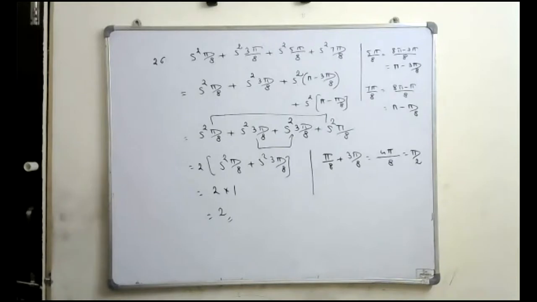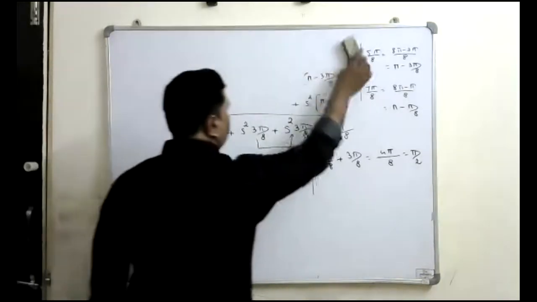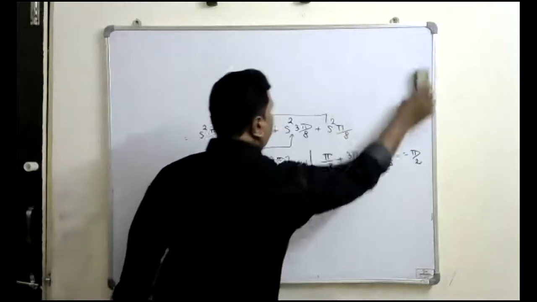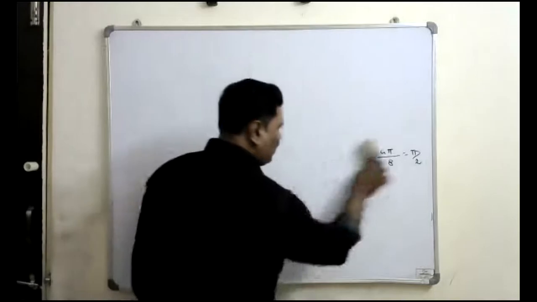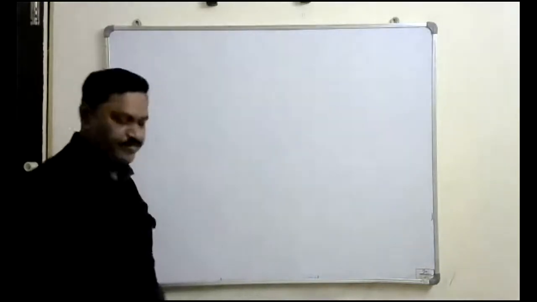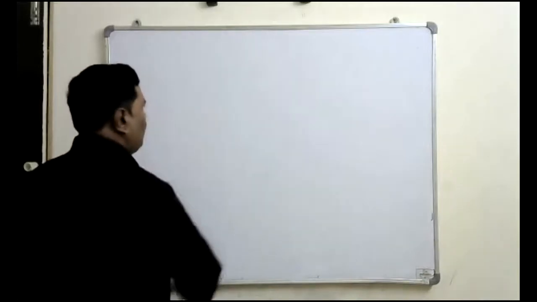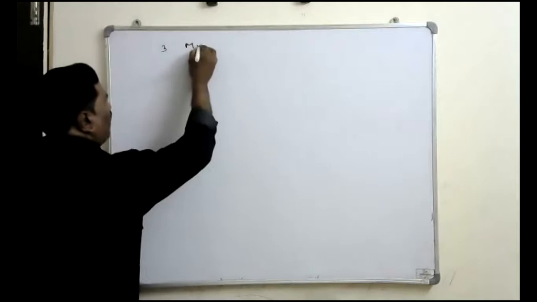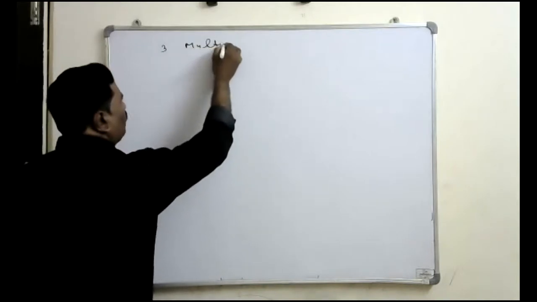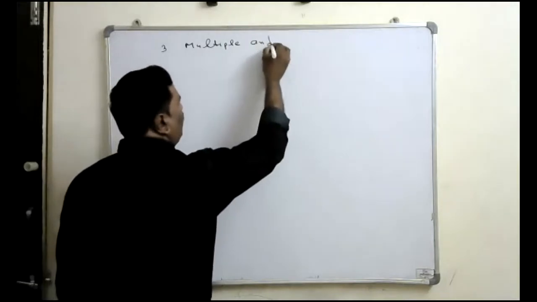Sir, completed, sir. Okay. So from the classical thinking, these are the problems from the compound angles. So remember all those formulas and the results of the compound angles. Next we will have one more concept, that is multiple and submultiple angles. That is the third topic of trigonometry.